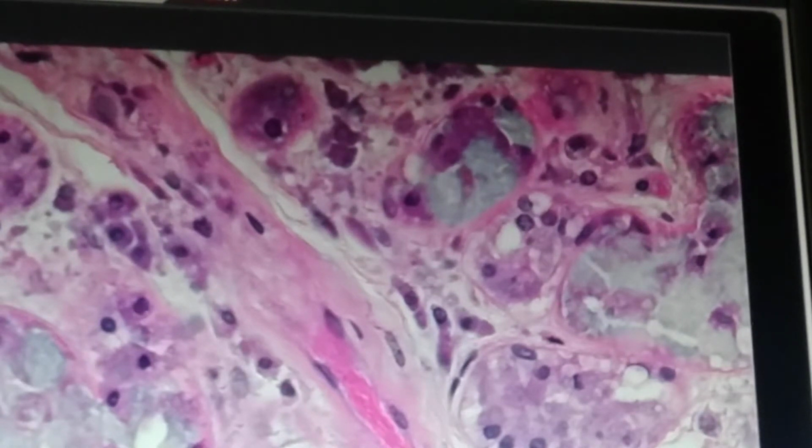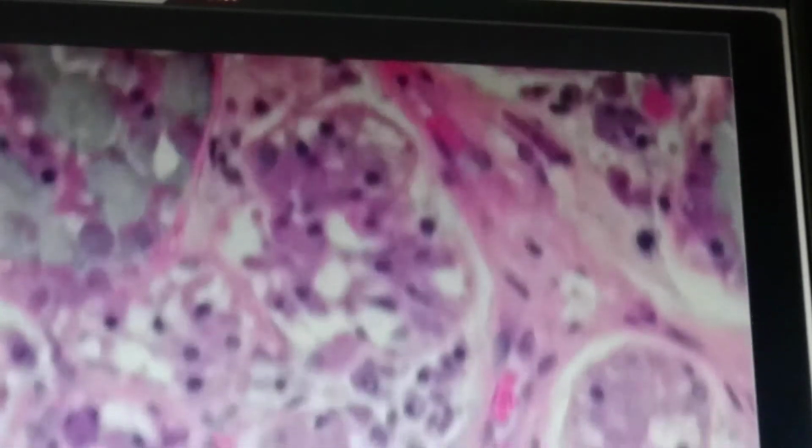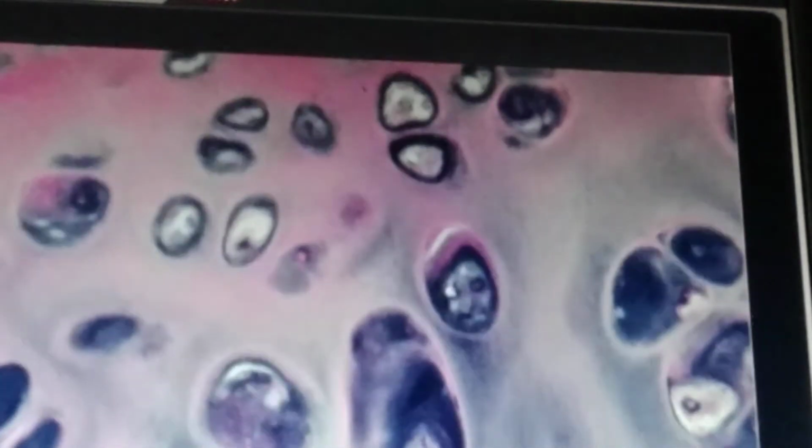We're going to go a little down to show you the hyaline cartilage, the last layer that we're going to look at. Here it comes.